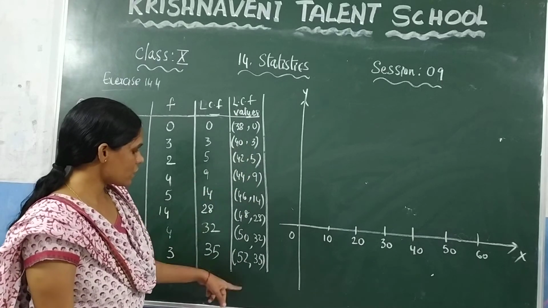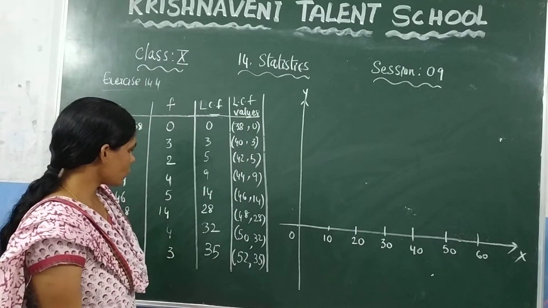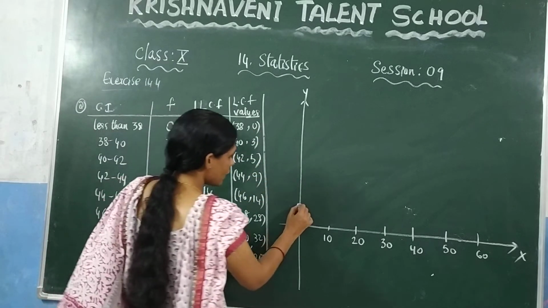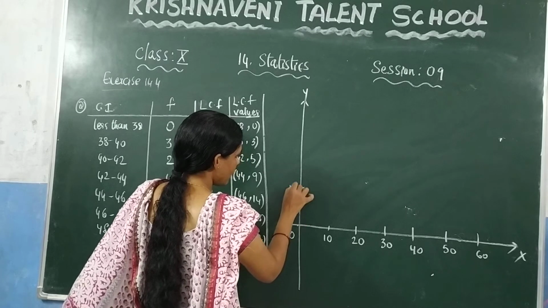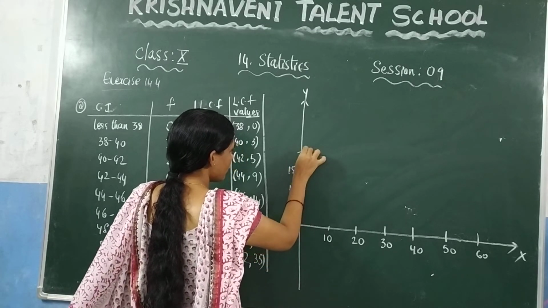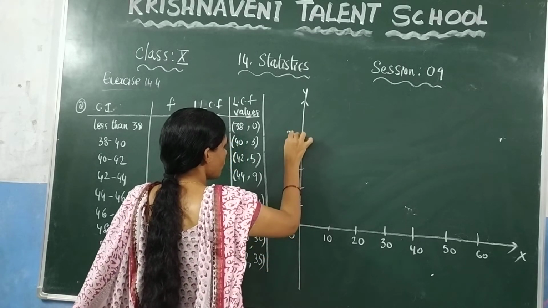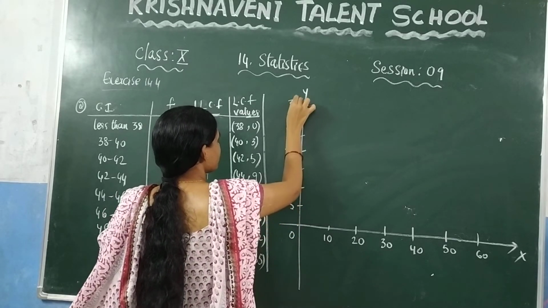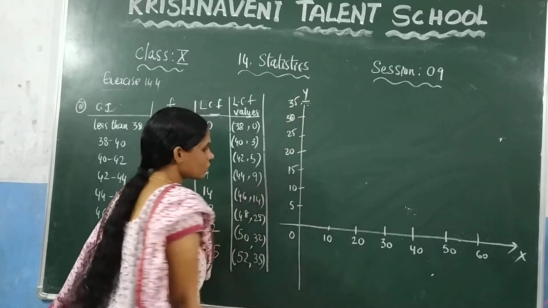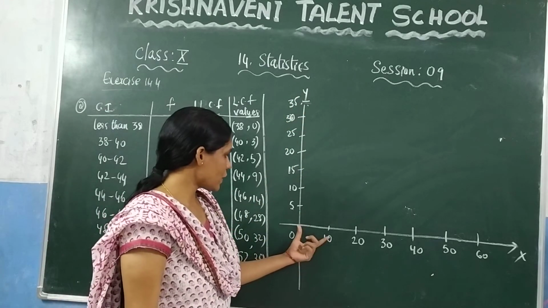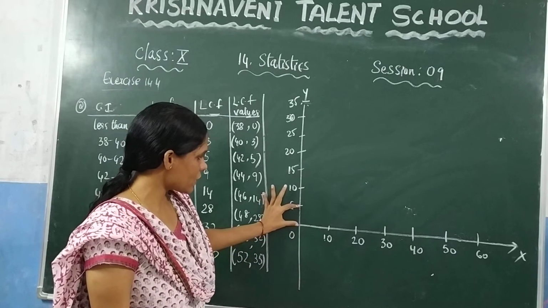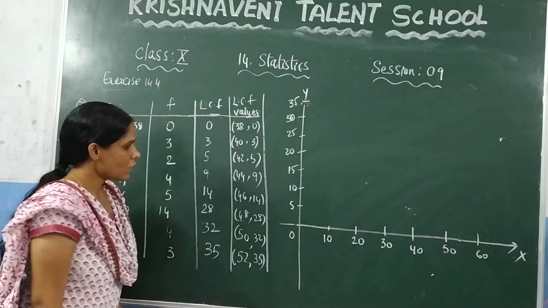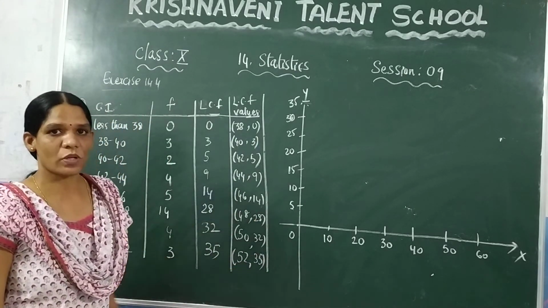Now the y-axis points go up to 35, so you can take 5, 10, 15, 20, 25, 30 and 35. Here you can observe that the space is more, and here the space is less. Since it is not an original graph, now check the points and represent these points on a graph.